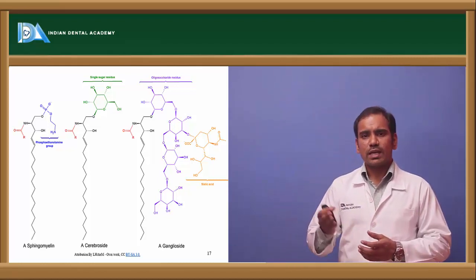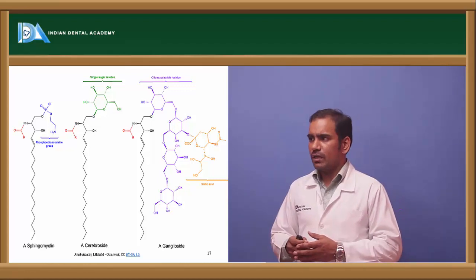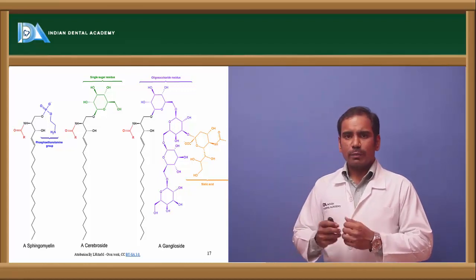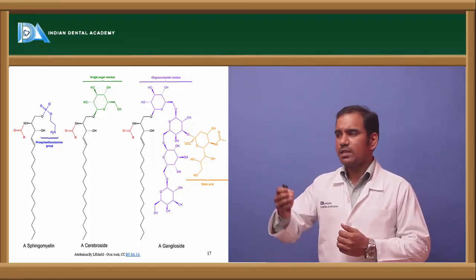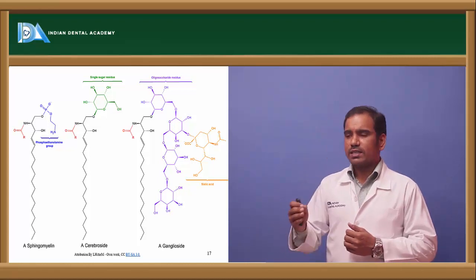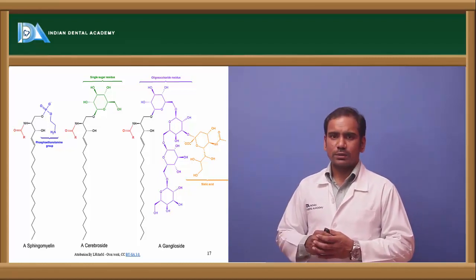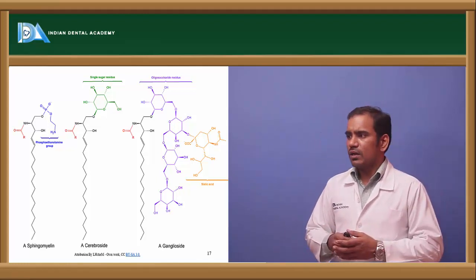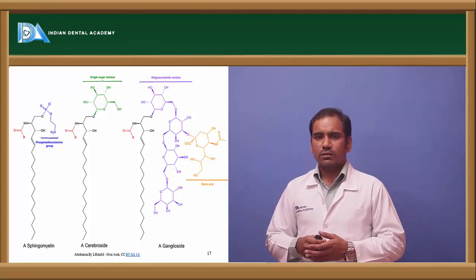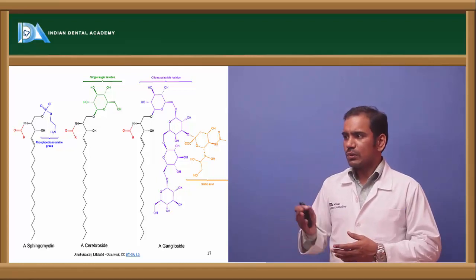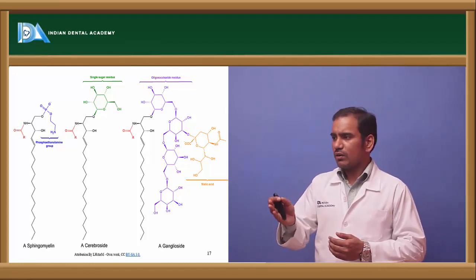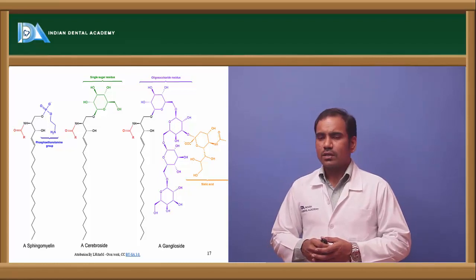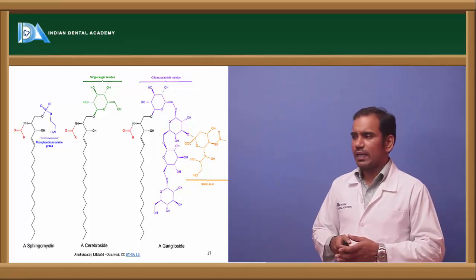It may be glucose, galactose or mannose, whatever it may be. So they have ceramide, meaning sphingosine plus fatty acid, plus a single monosaccharide unit. Those are called cerebrosides. For example, glucosyl cerebroside, galactosyl cerebroside. Based on the type of monosaccharide, we have different types of cerebrosides. So these are the simplest forms of glycolipids.